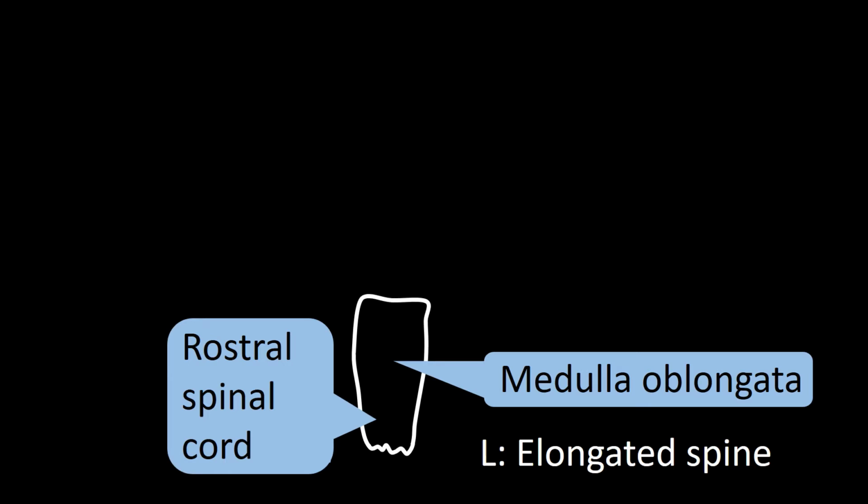Then draw a wiggly line across. This represents the medulla oblongata, which in Latin means elongated spine. Below, we have the rostral spinal cord.